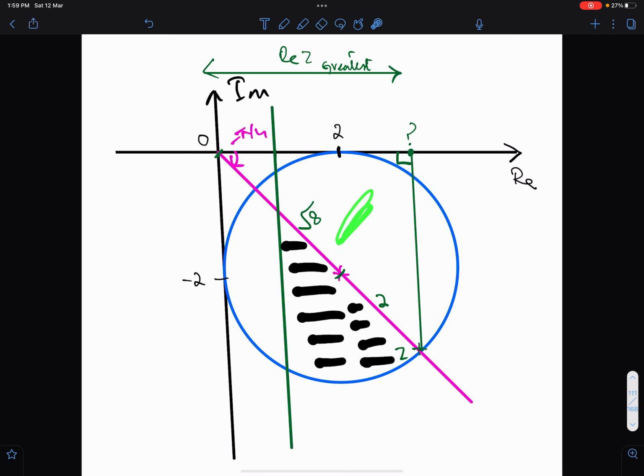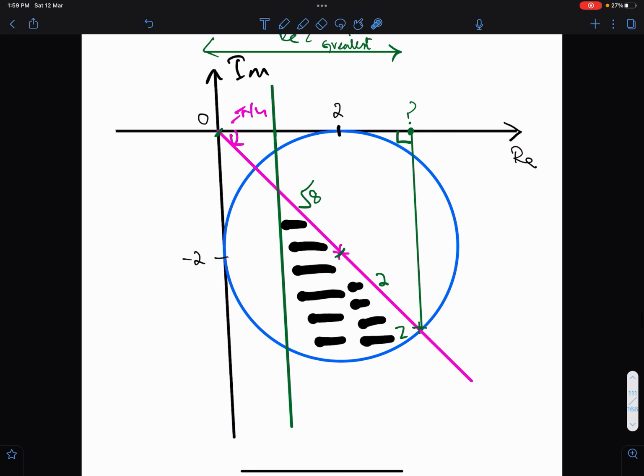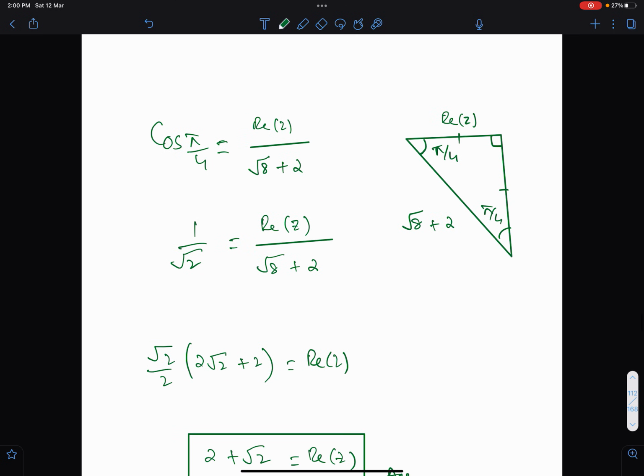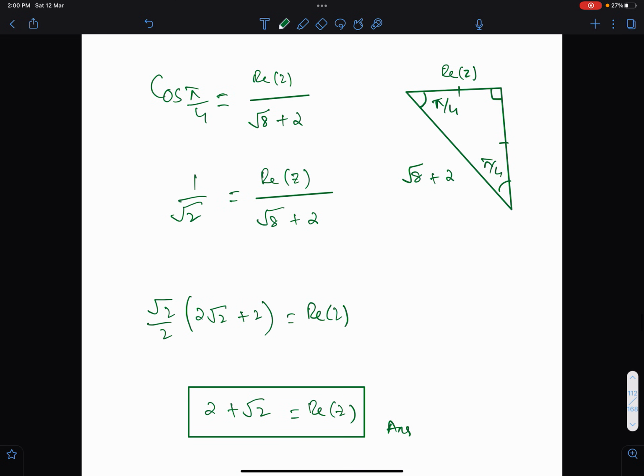And by using cos theta in this triangle, we can easily find this distance. So the answer is 2 root 2 plus 2, or 2 plus root 2. Give your answer in exact form.